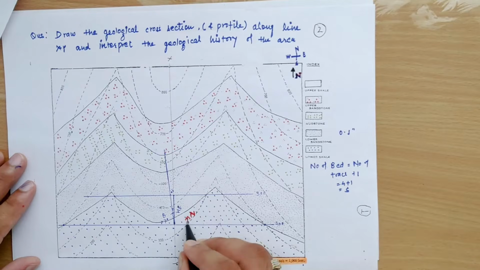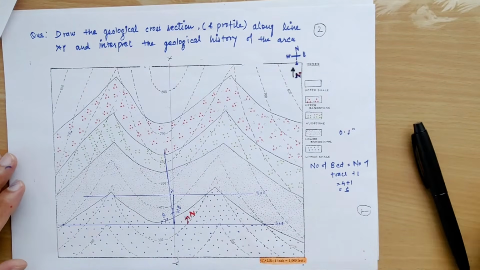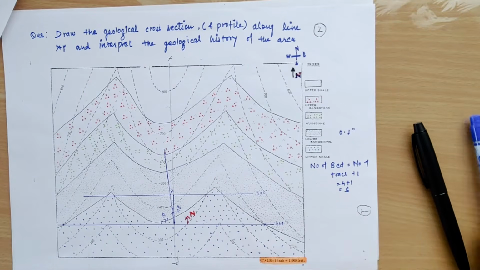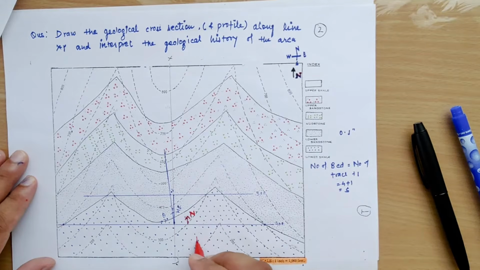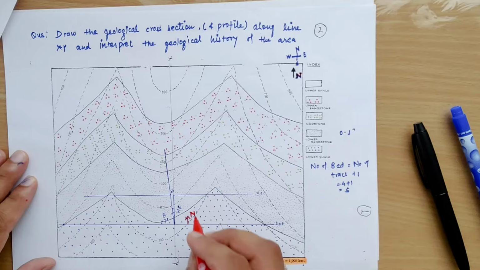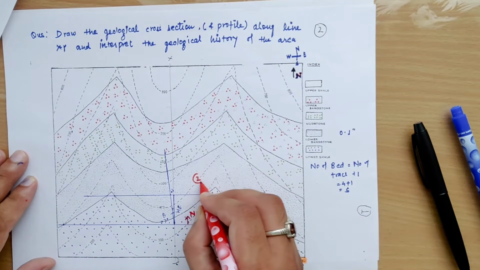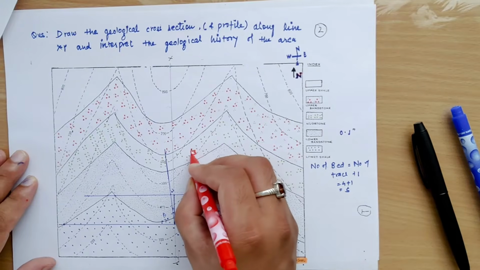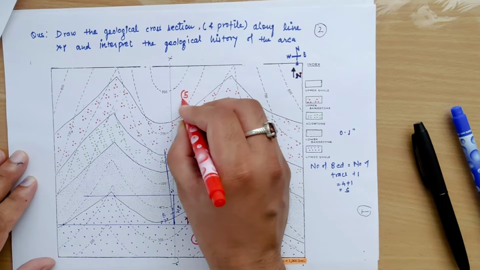Because this is the direction of dip, it means this is the younging direction. So opposite to the direction of dip will be the older bed, and in the direction of dip there will be younger bed. So this is in fact bed number 1, that is the oldest bed. Then this will be bed number 2, this will be bed number 3, this will be bed number 4, and this will be bed number 5.